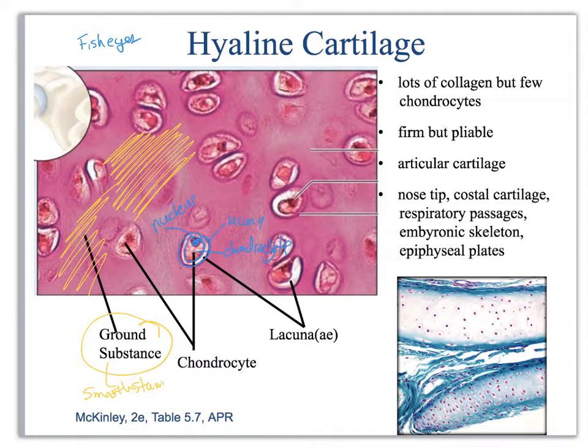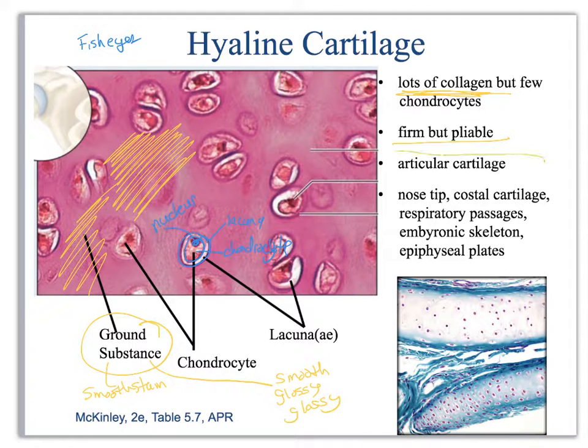There is a ton of collagen fiber, lots of collagen in here, but because of the way the staining is, you can't see the individual fibers, so you just have to believe that they're there. With hyaline cartilage, I think the ground substance looks smooth, glossy. Sometimes people call it glassy. All right, it's shiny.